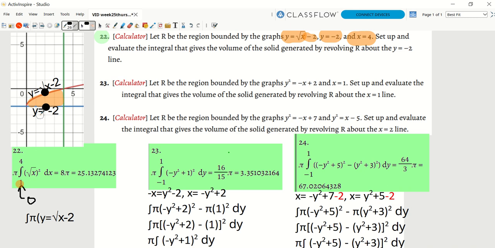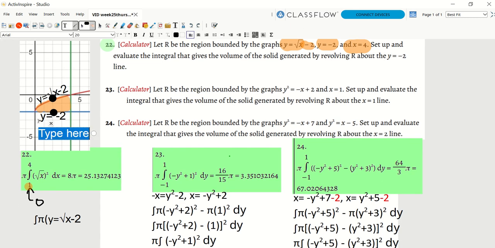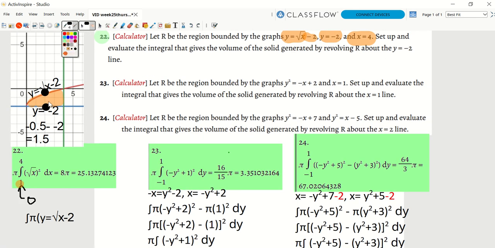So in this hypothetical case, negative 0.5 minus negative 2 would give us 1.5, which would be the distance here, the radius of this vertical cross section. We get that from doing negative 0.5 minus negative 2. So whatever the y coordinate is up top over here, we subtract negative 2.